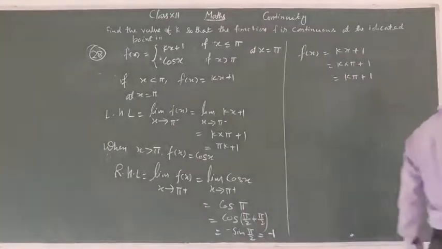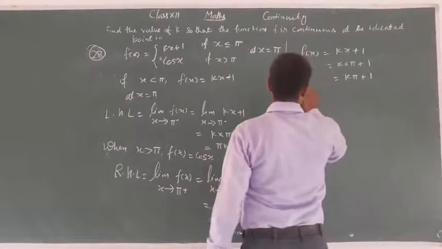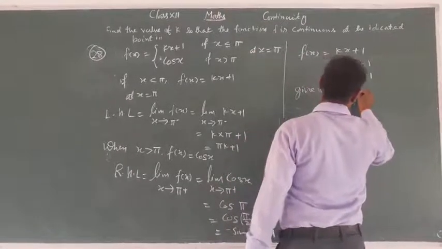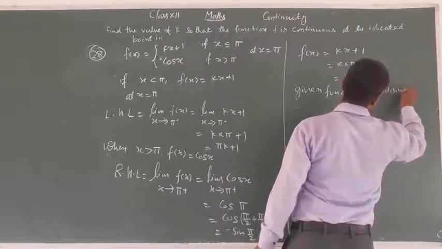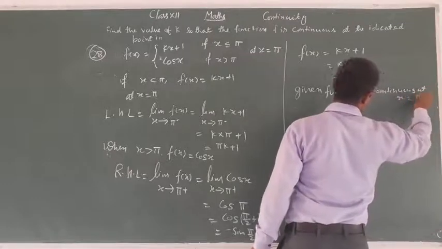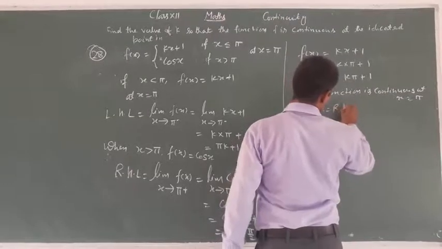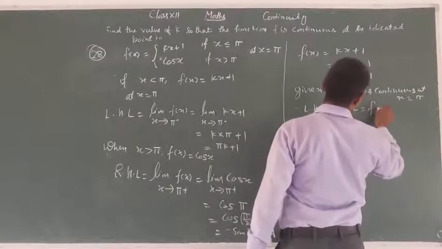Now given the function is continuous at x is equal to pi, then the left hand limit is equal to the right hand limit is equal to the given function f(pi).